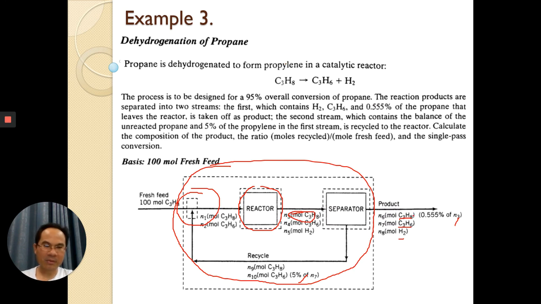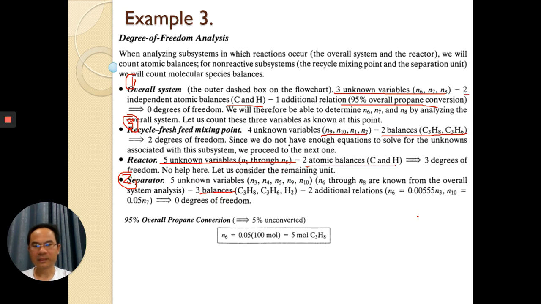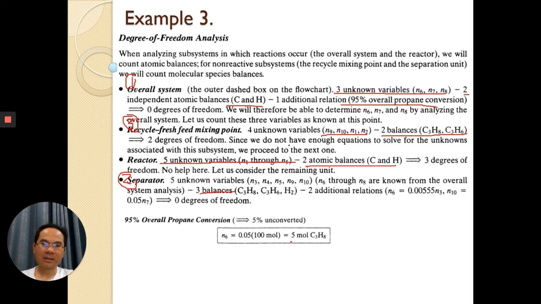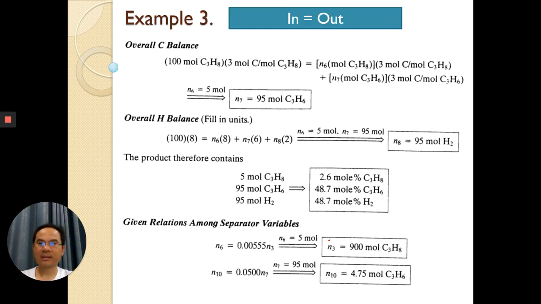N6 is the propane output. Propane output is the unconverted propane. It equals 0.05, because it's 5%, multiplied by the feed propane. If propane feed is 100, you get 5 mole propane unconverted, equal to N6. And then you start the overall balance.